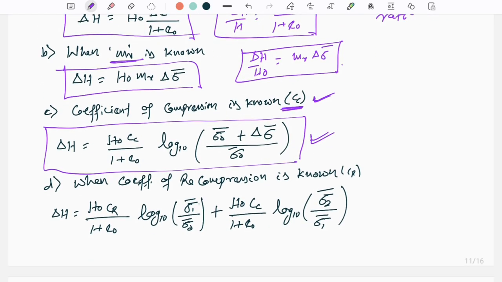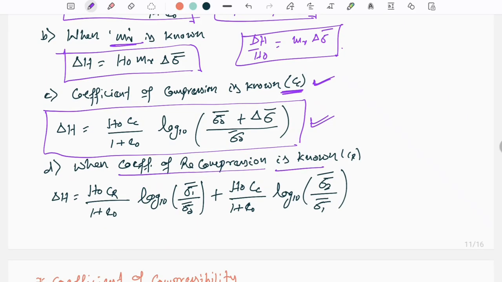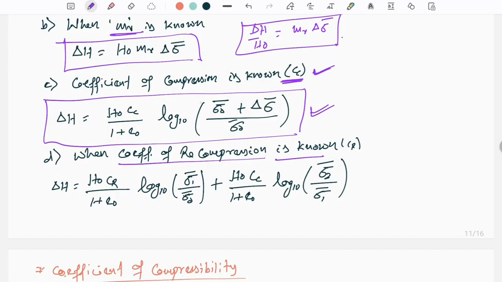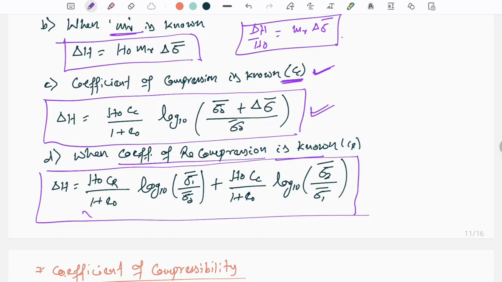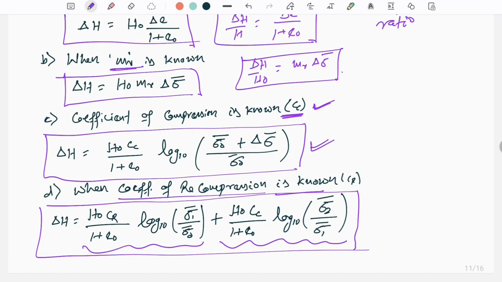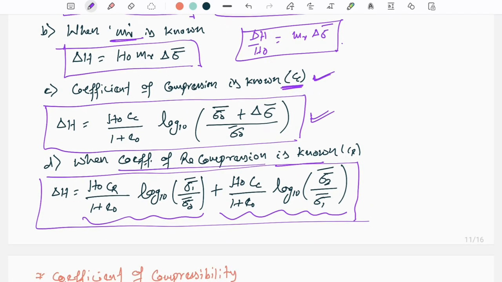Similarly, when the coefficient of recompression is also given, then the total settlement will be due to the coefficient of compression and the coefficient of recompression. So delta H is equal to H naught Cr, and just this value will change.